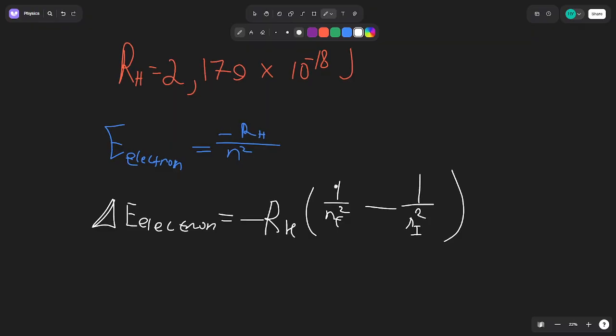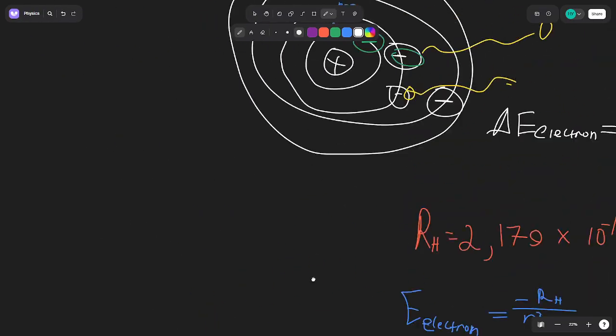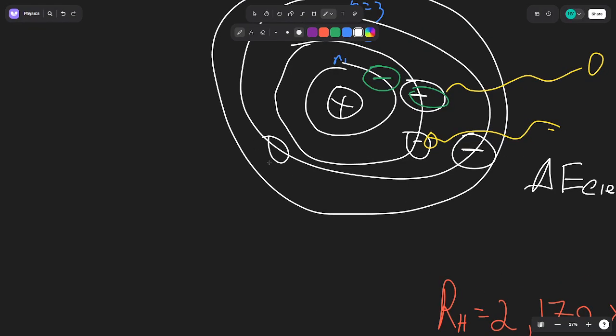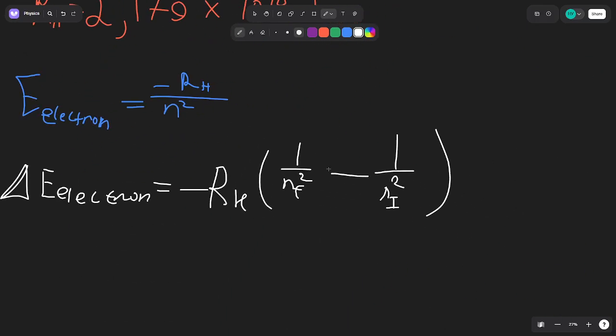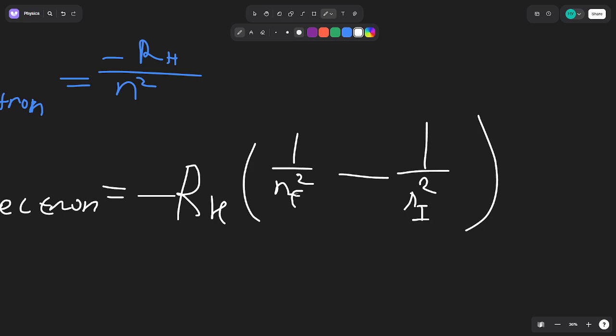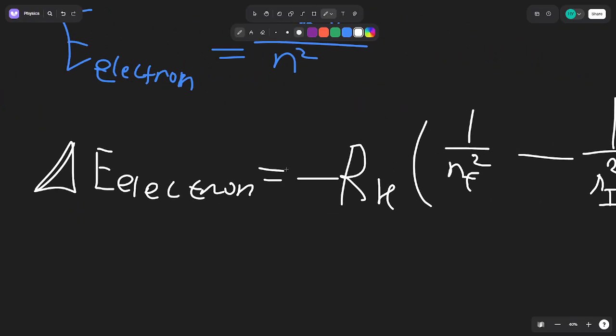What does it mean? If we had an electron on stage 2, and the other stage it got on was stage number 1, we use the final stage number 1, right? And the initial stage number 2. And then we can find the change in the electron's energy.